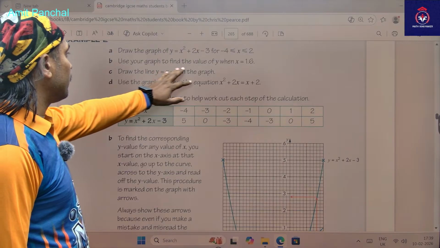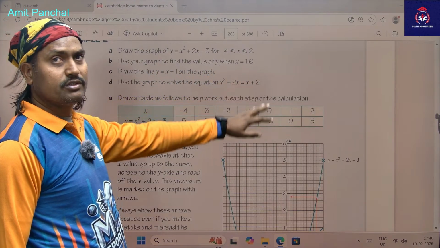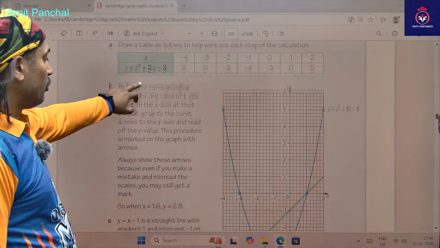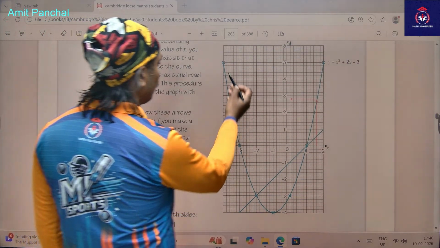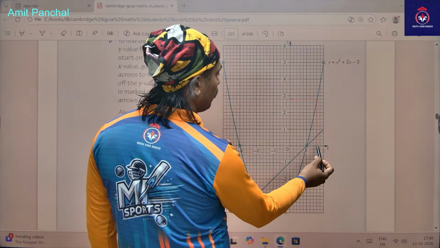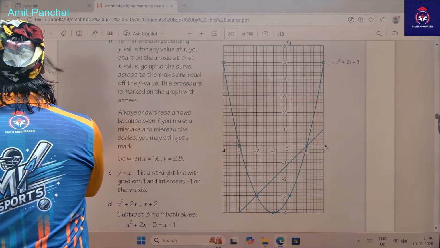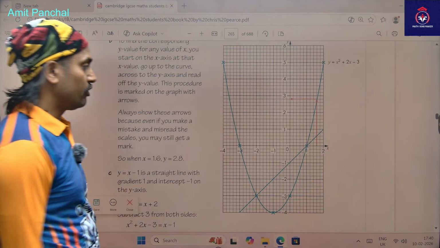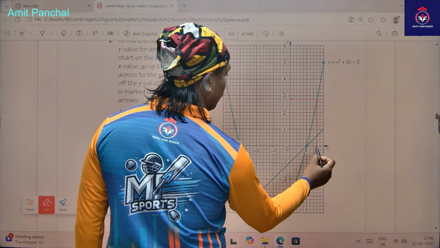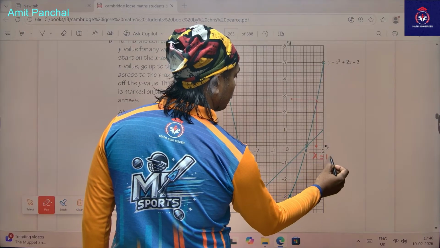Use your graph to find the value of y when x equal to 1.6. So just look at this graph and check where x equal to 1.6. By the help of the graph, you can calculate the value of y. Okay. Yes, sir. So here you can say it is x equal to 1.6.